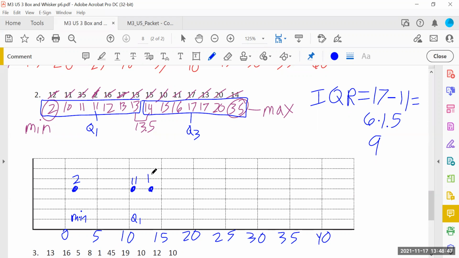Get in the habit of labeling your points, just so it's obvious what they are. 13.5, which is my median. I have 17 as my Q3. And I have 35 as my maximum.